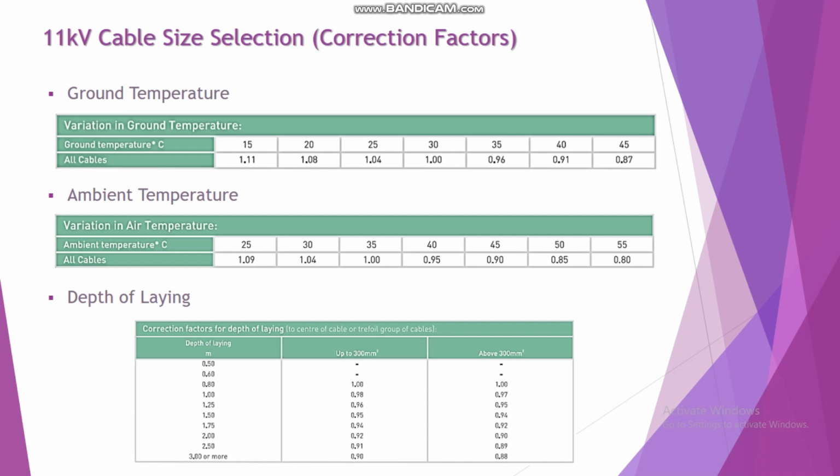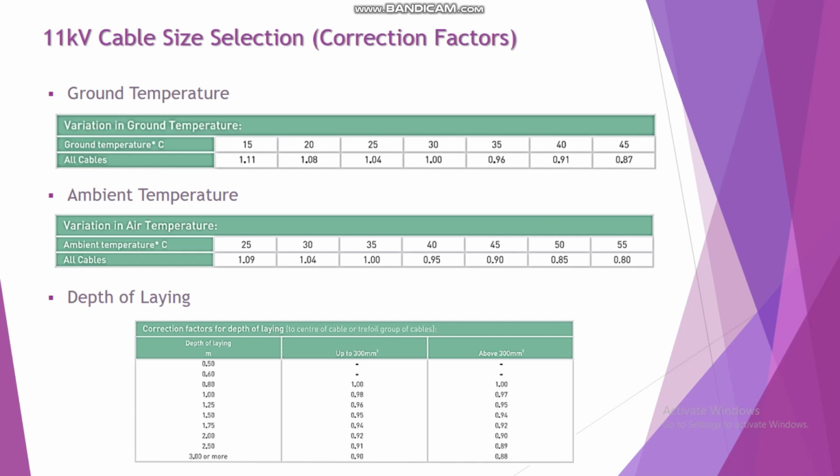Okay, before going into details, I would like to mention the correction factors that will be involved in the cable selection of the high voltage side. First of all, the ground temperature, which ranges from 15 degrees to 45 degrees, and the correction factor varies accordingly. Then we have the ambient temperature. It is not commonly used because most of the time the cables are installed underground.